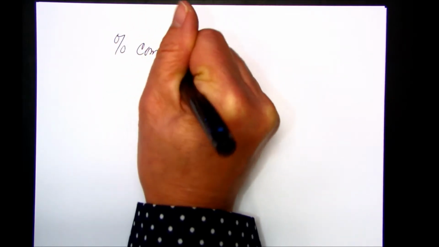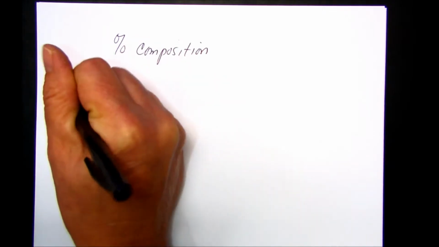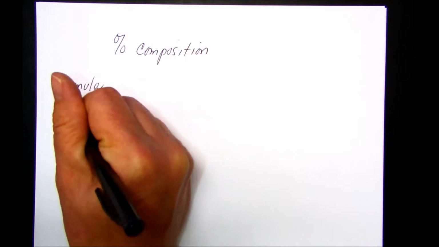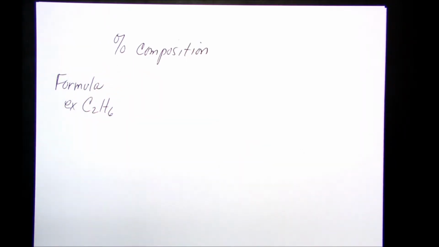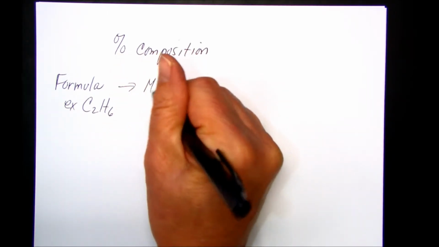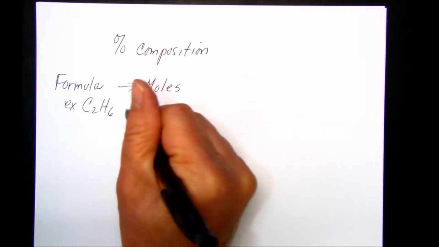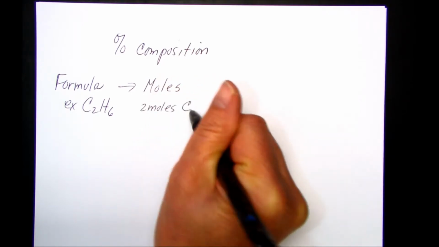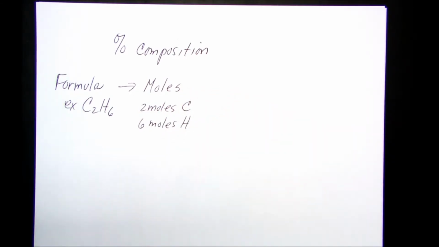To calculate percent composition, I start with a formula. Let's have an example of C2H6. From there, I can get the moles of each of those elements. In this case, I would have 2 moles of carbon for every 6 moles of hydrogen.